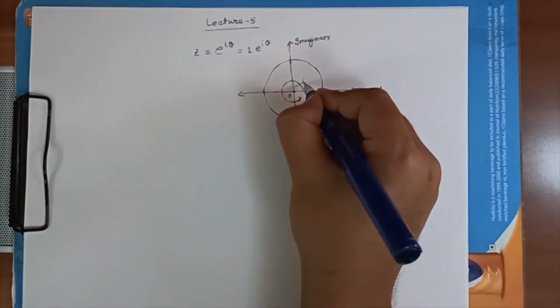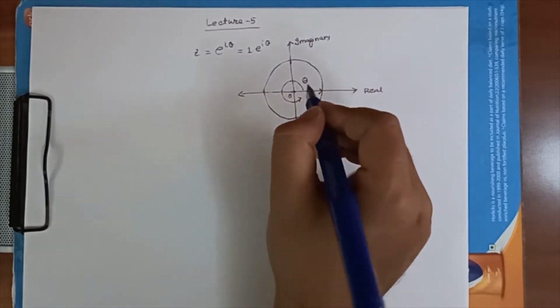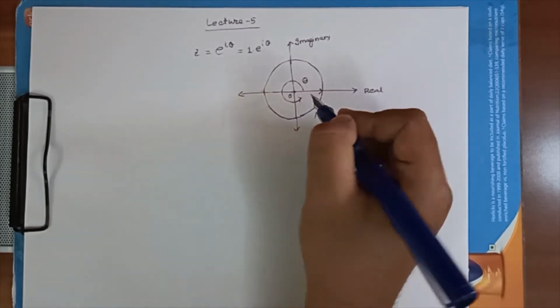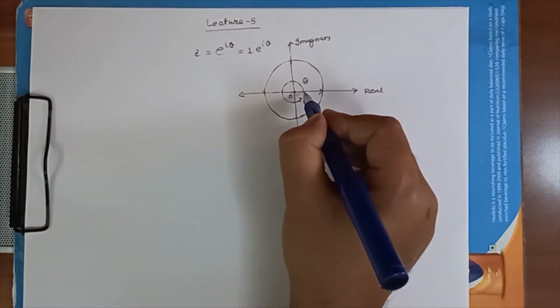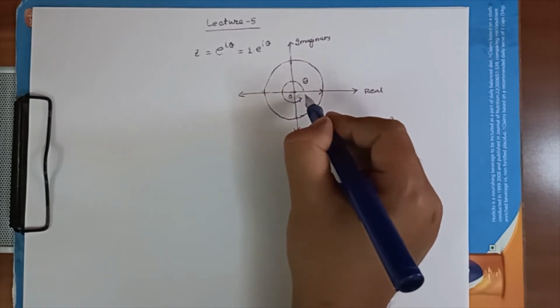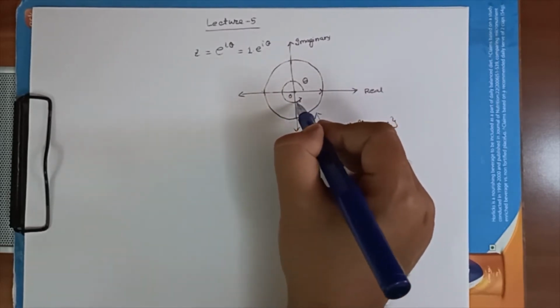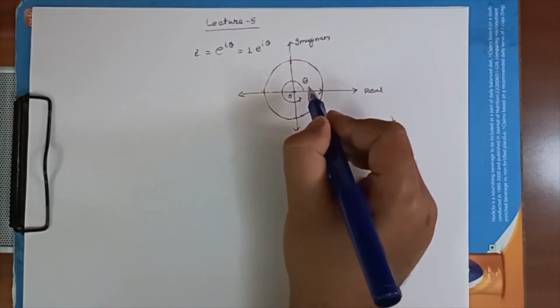The positive angle starts from the positive real axis and rotates counterclockwise, and that is how you measure the angle. So it can be positive pi, positive 2 pi, positive 3 pi, positive 4 pi, like that. The opposite direction rotation is the negative direction, so this is minus pi, minus 2 pi, like that.